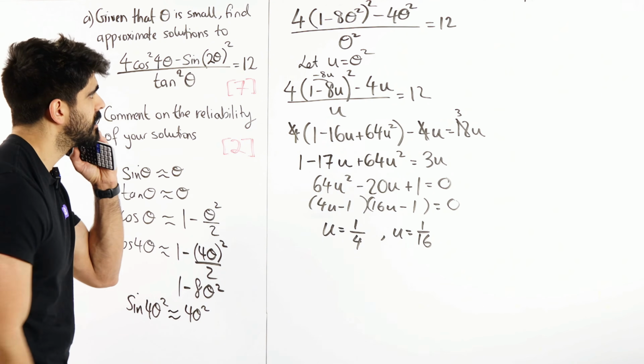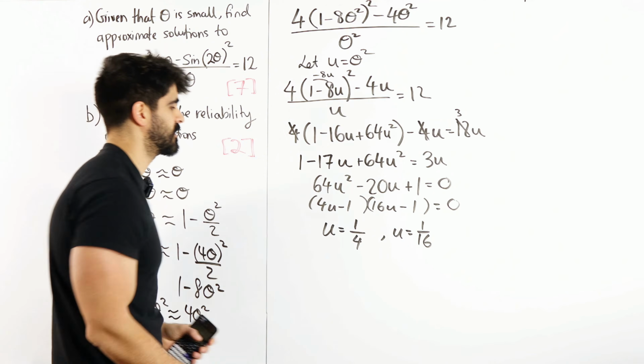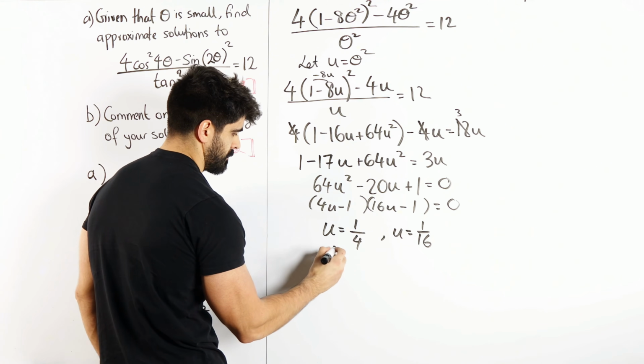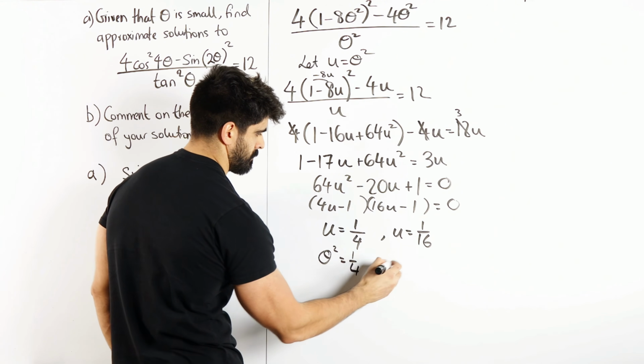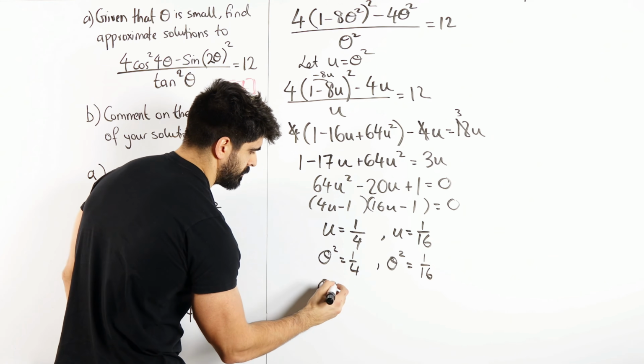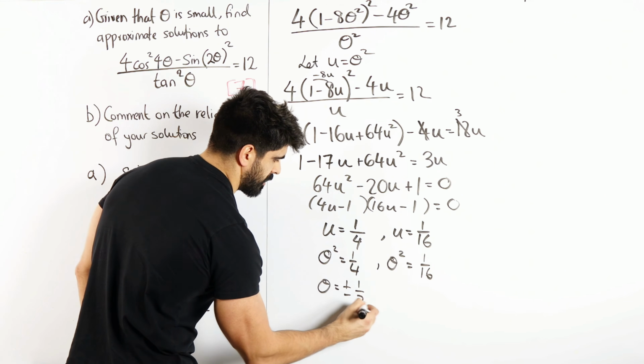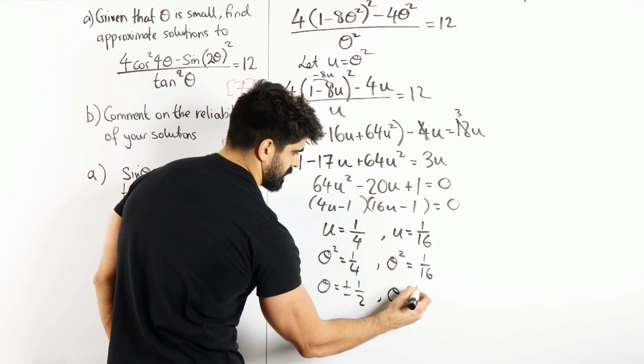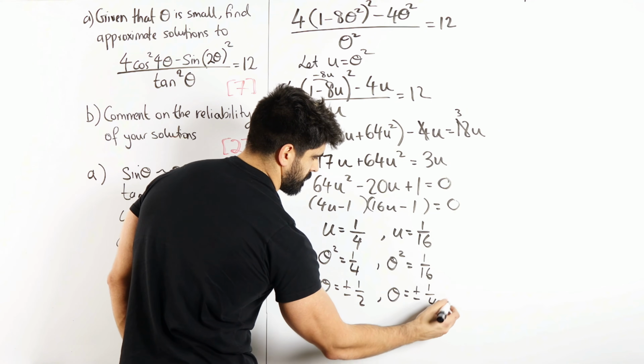But don't forget, u was actually theta squared. So when we square root, you get plus or minus a half and theta is plus or minus 1 over 4.